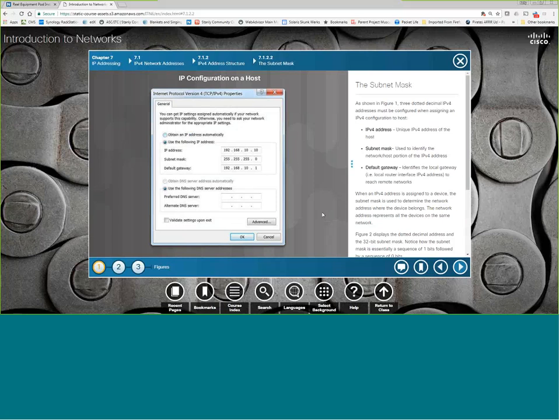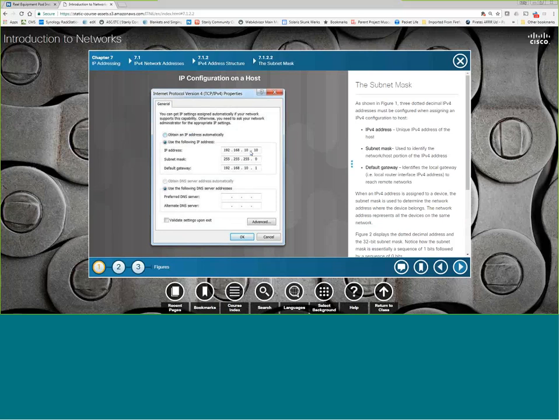In a subnet mask, you put all ones in the network portion of the address. So when I do 192.168.10.10 and use the default mask of 255.255.255.0, I have put all ones in the mask for the first 3 octets.